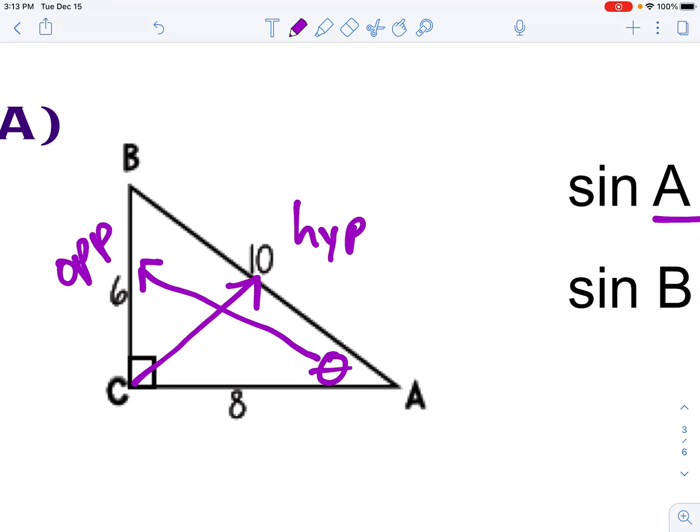Be good at labeling those two, because then the one that's next to it, the third one, is the one you're not the greatest at labeling. I would always do hypotenuse and either opposite or adjacent, one or the other.